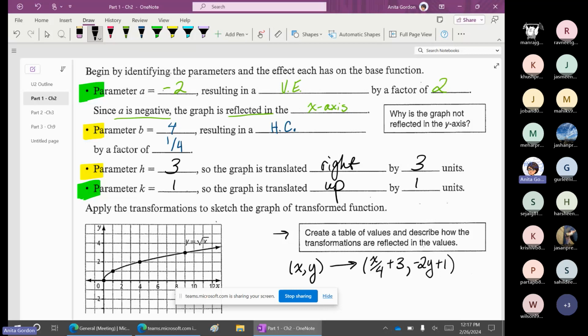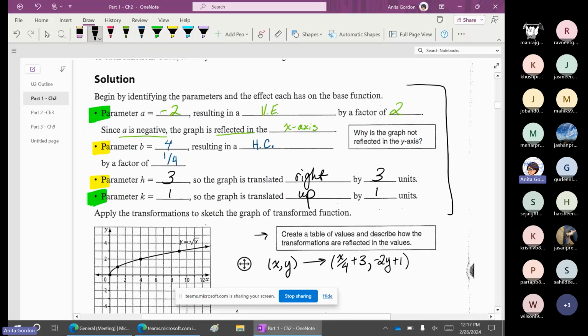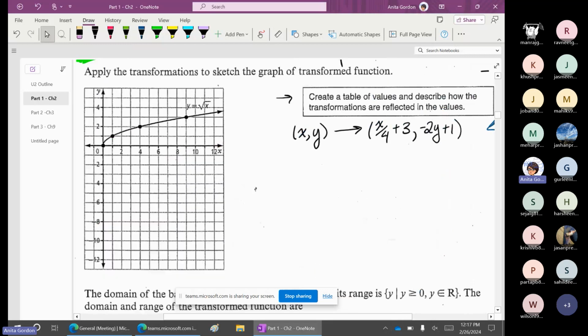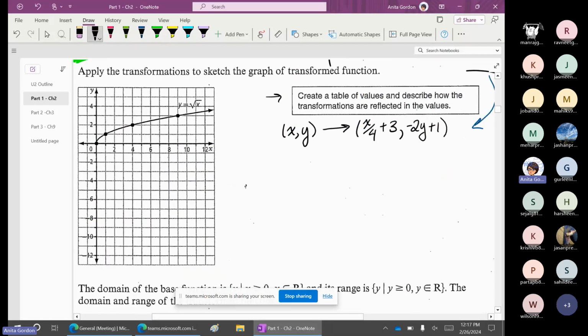Okay, because I've already described and identified my transformations, in order to create a table of values quickly and effectively, I need to know what to do with each of those numbers. Now, the key points that we looked at in the first page: (1, 1), (0, 0).